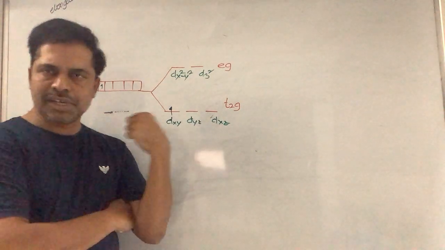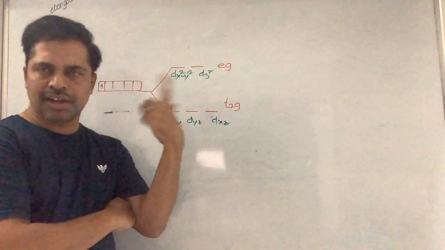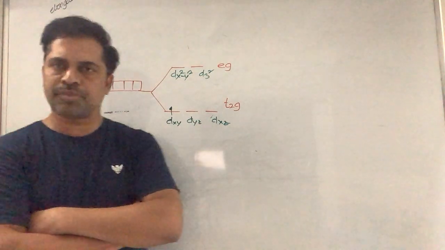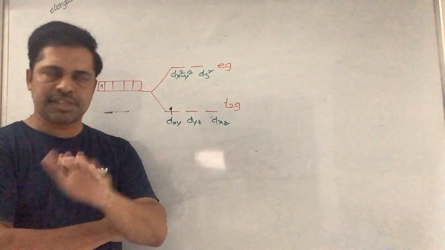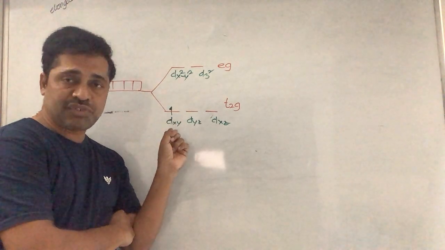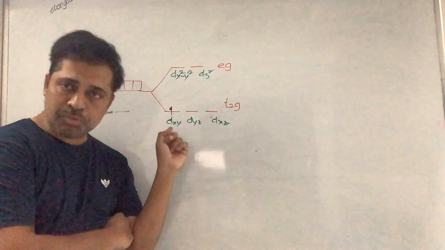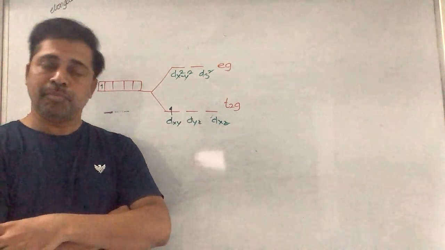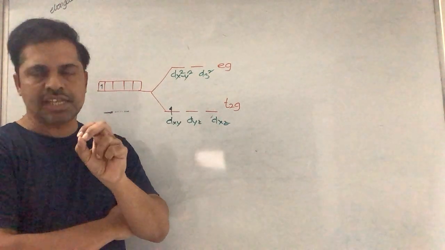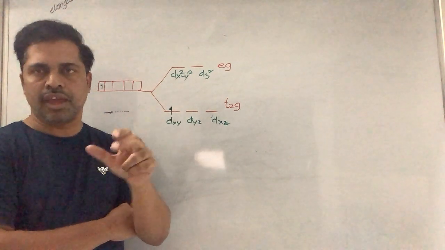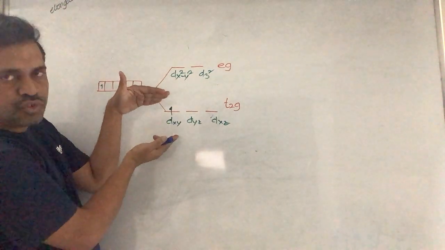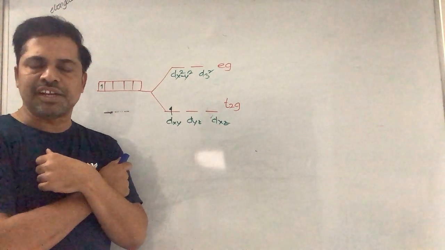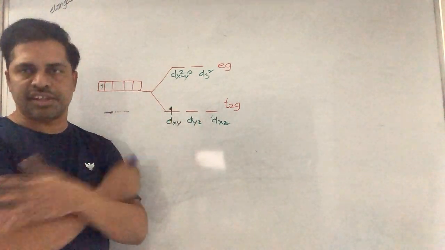So definitely the repulsions between the ligands and the dxy orbital, and between the ligands and the yz and xz orbitals, will be different. So the dxy orbital is going to experience more repulsions than yz and xz, and when it experiences more repulsions, its energy is going to increase.